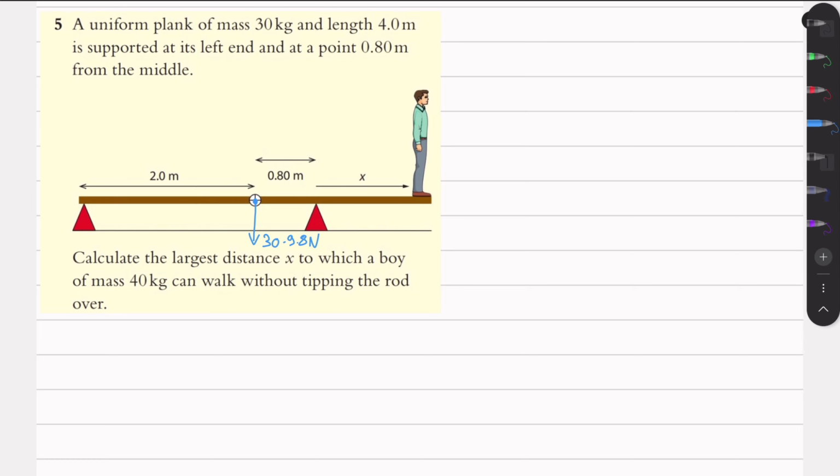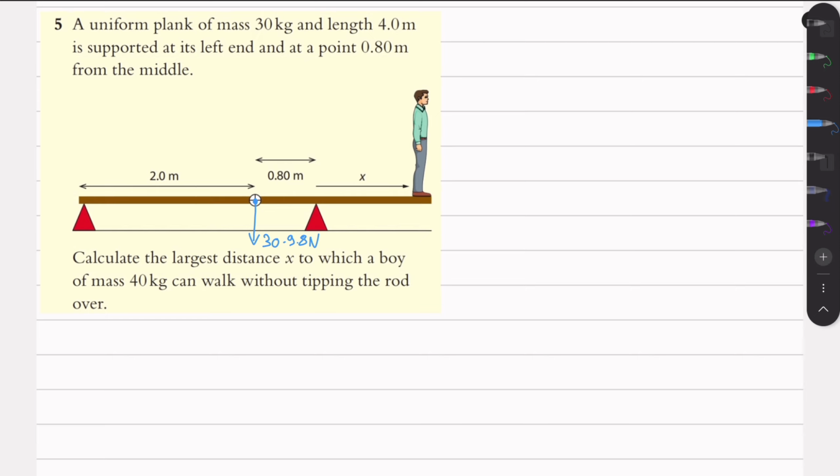the rod over. So in these types of problems, when we have to calculate something that is just on the verge of happening, like just tipping over or just rotating, what we need to consider is the boundary condition. So when would it start tipping? At what distance of x would it be exactly that it's just about to start tipping, but it's not tipping yet?